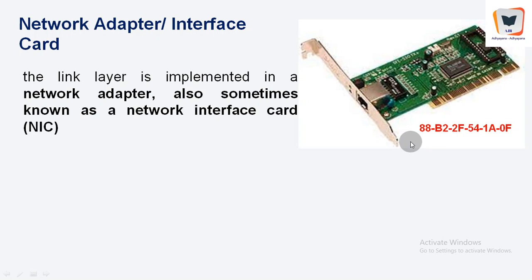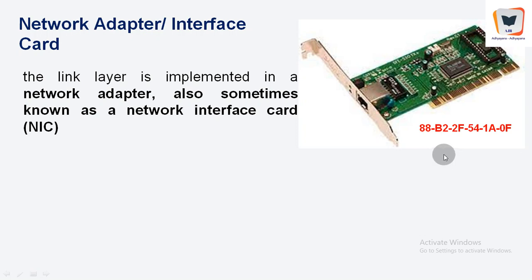Therefore, the address space of this physical address, the numbers of this network adapter, can be uniquely represented in 2 to the power of 48 minus 1 ways. So the address space of this adapter card is very huge, and this adapter card address is also called the MAC address, media access control address. While this MAC address provides a physical representation of a node, the IP address gives a geographical address of the node.